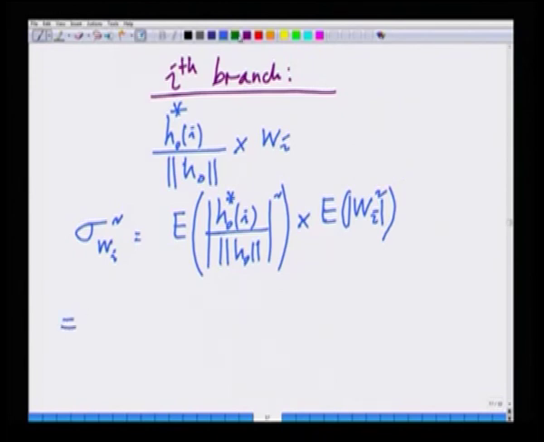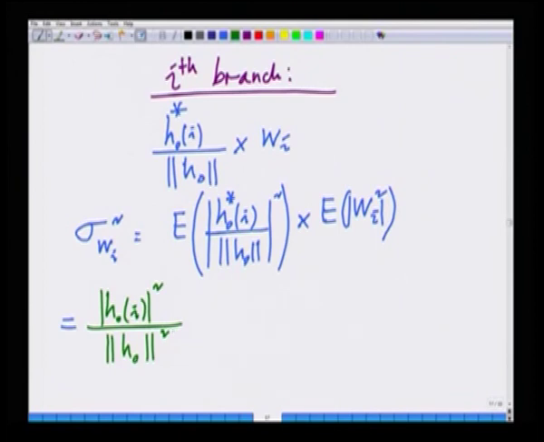The expression is slightly tricky. Magnitude of H naught conjugate i is nothing but magnitude of H naught of i. This is nothing but magnitude H naught of i square divided by magnitude H naught square.